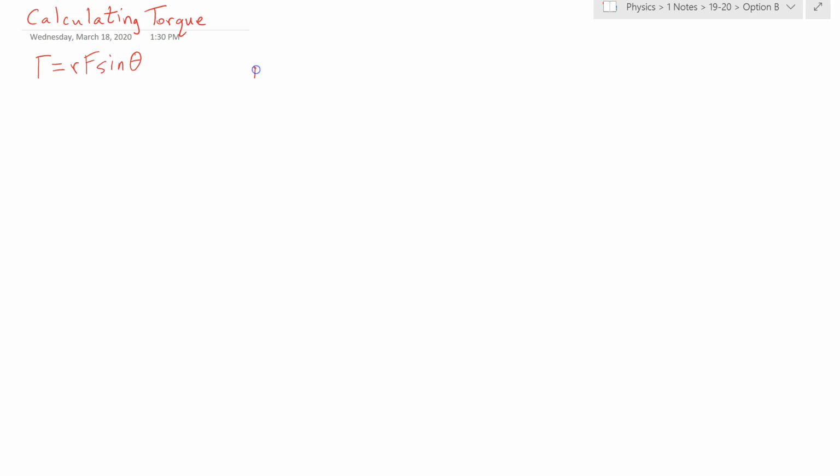So if there's a door over here, and here are the hinges, and imagine we're above the door looking down at it. Someone comes along and exerts a force on the door like this. That force is being applied at this point.